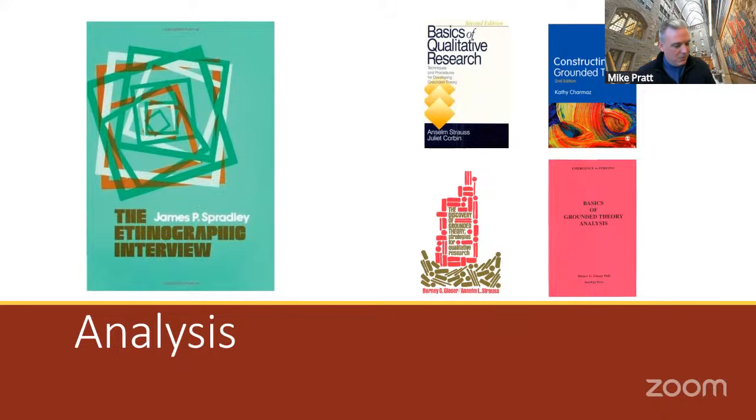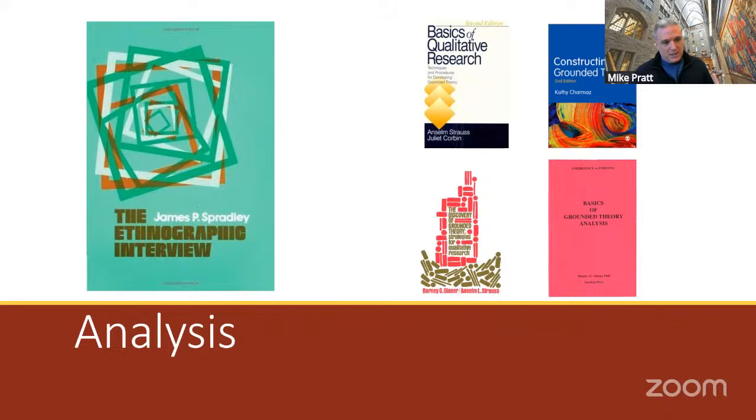I think I'll spend more time on the ethnographic analysis than grounded theory, mostly because there are so many more sources for grounded theory. But just to give you an idea of what I'm looking at, I'm looking at 2 types of analysis: grounded theory and ethnography. If you're not aware, there are many different types of ethnographic analysis, and many different types of grounded theory analysis.